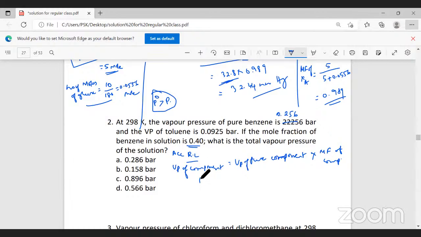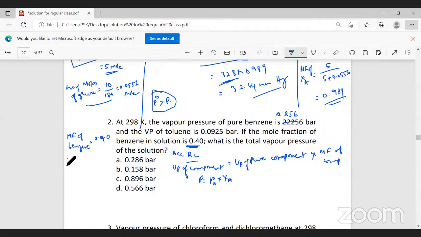That is, P is equal to P naught A into XA. So what have they given? They've given the mole fraction of benzene to be 0.40.